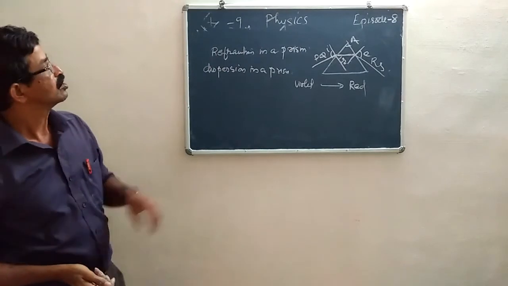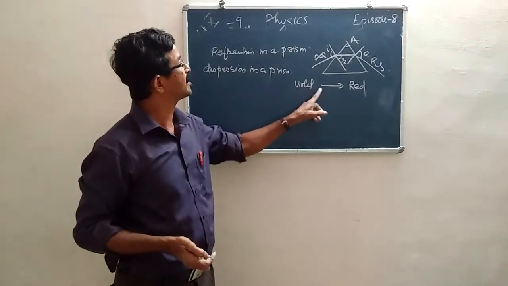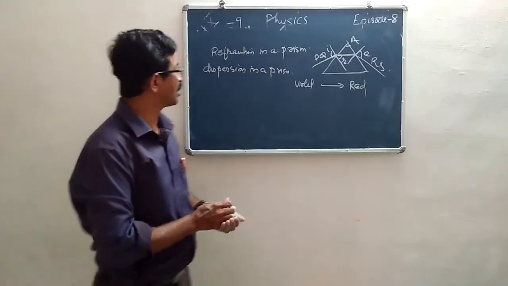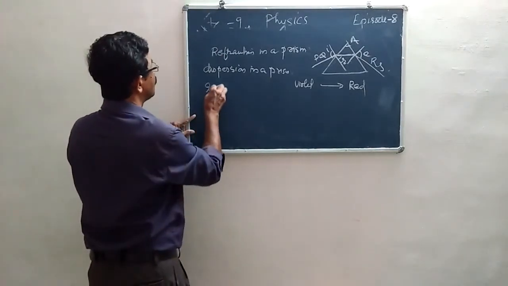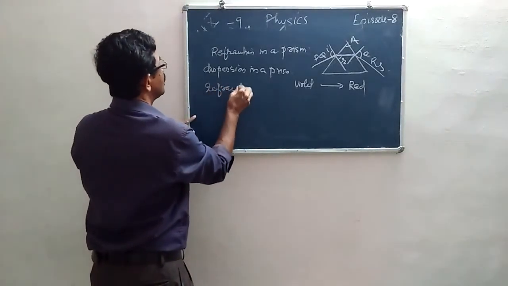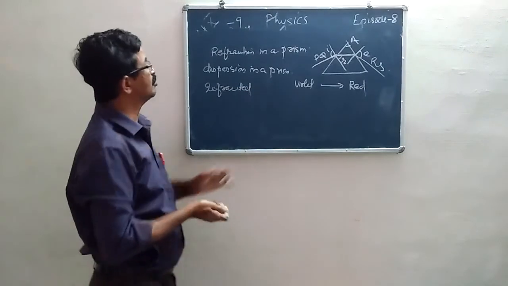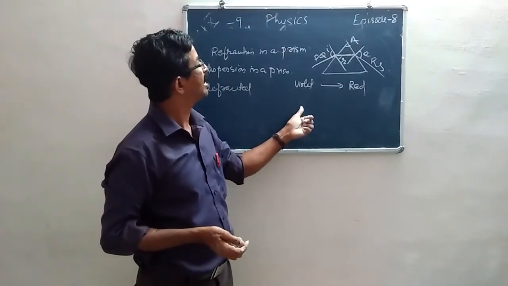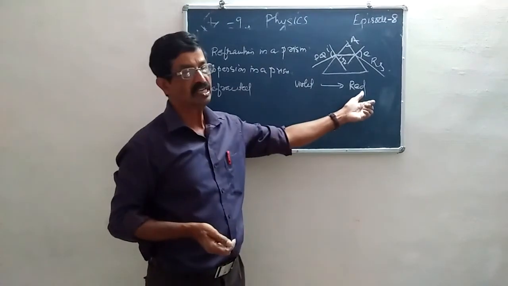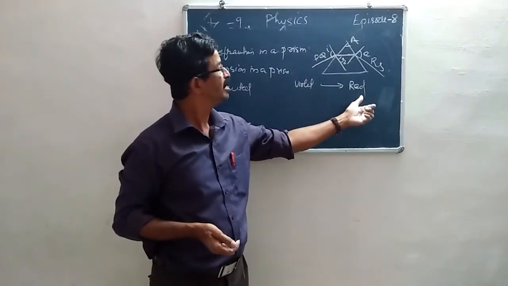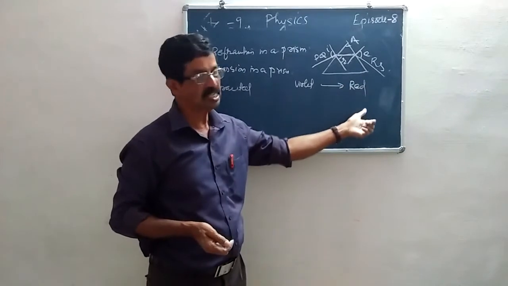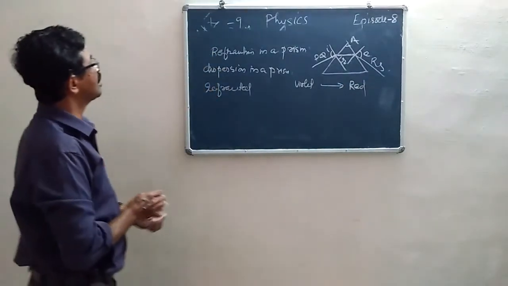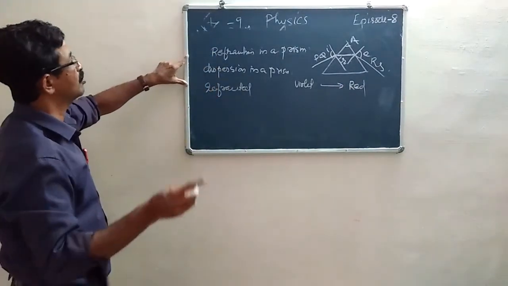Because each of the colors is refracted at a different rate. Among them, the most deviated one is violet because it has the shortest wavelength, and the least deviated one is red because it has the highest wavelength.